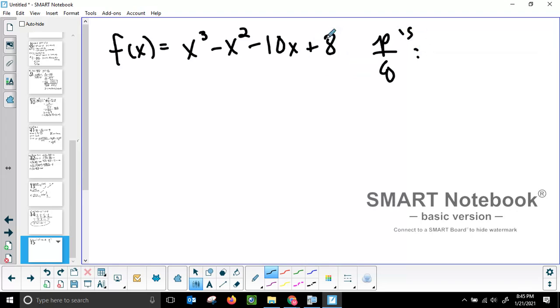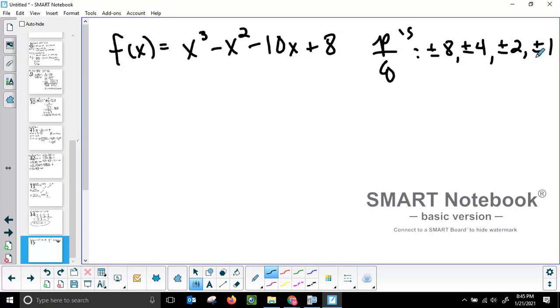Remember that's all the factors of your constant divided by all the factors of your leading coefficient, which is just 1. So this is plus or minus 8, plus or minus 4, plus or minus 2, plus or minus 1. We want to check these and see which ones are zeros.